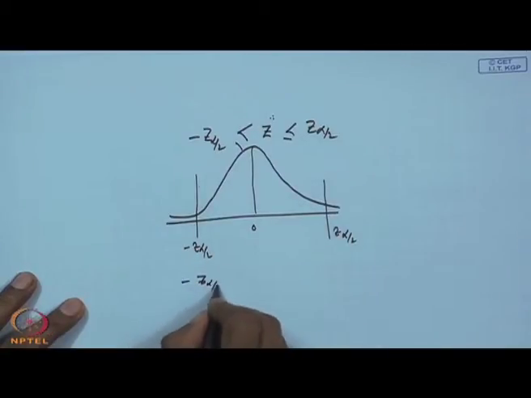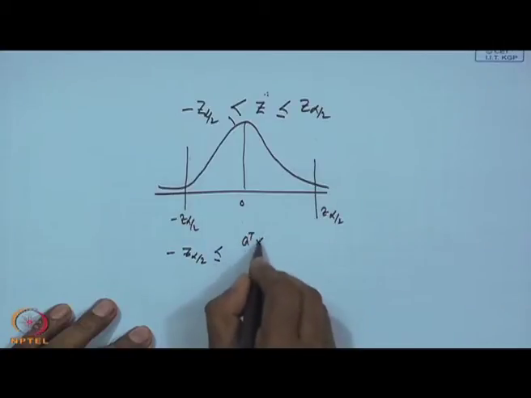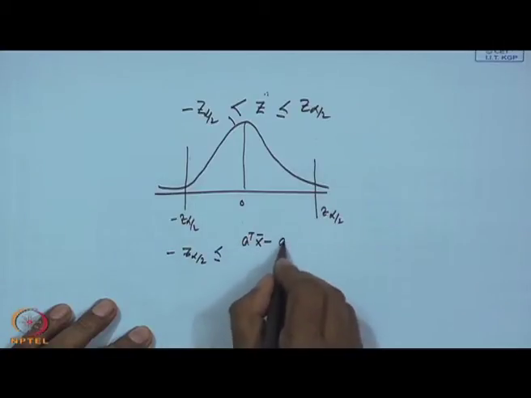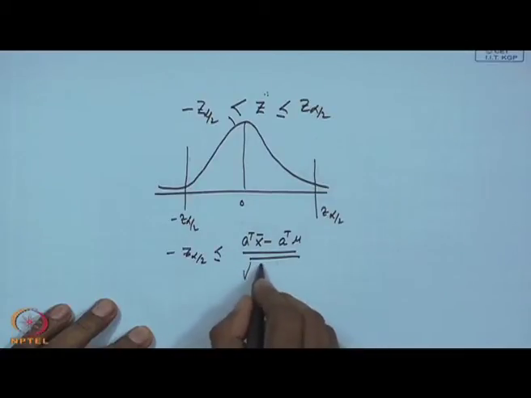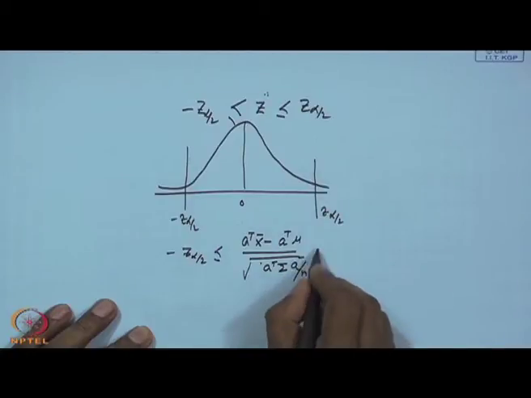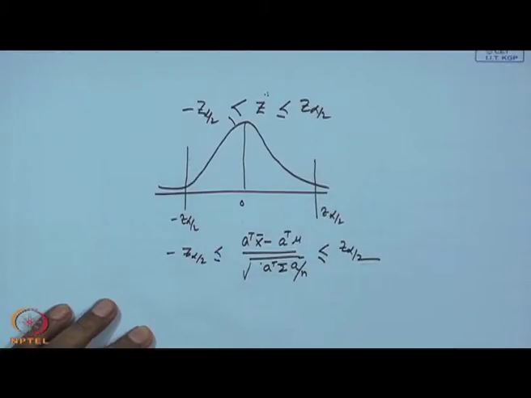So, minus Z alpha by 2 is less than or equal to A transpose X bar minus A transpose mu divided by the square root of A transpose sigma A by n, which is less than or equal to Z alpha by 2.